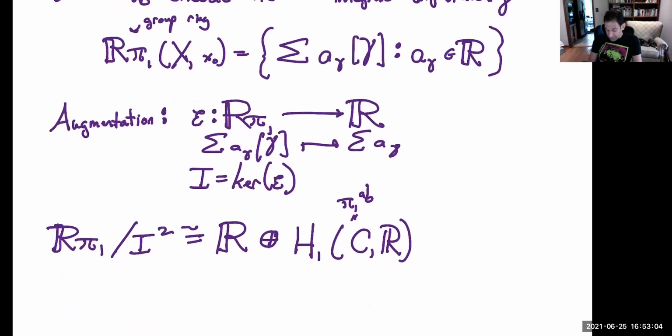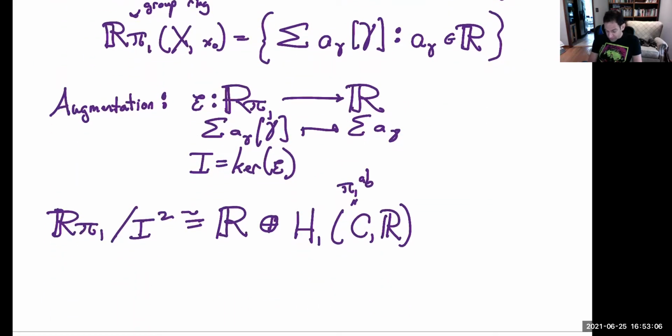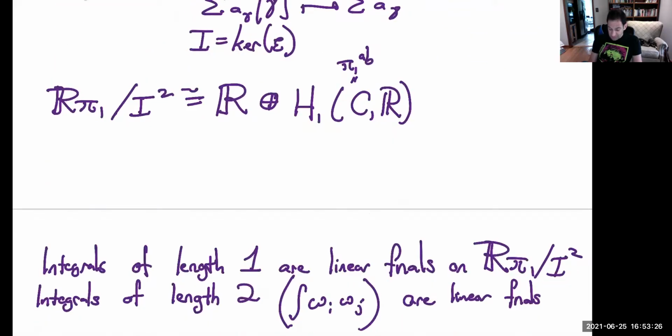And then I've got an augmentation map, which just sums the coefficients. And then I have the kernel, which is the augmentation ideal. If I quotient by the augmentation ideal, I just get the real numbers. If I quotient by the square of the augmentation ideal, I get the real numbers direct sum first homology. So that's giving me the abelianization of the fundamental group.